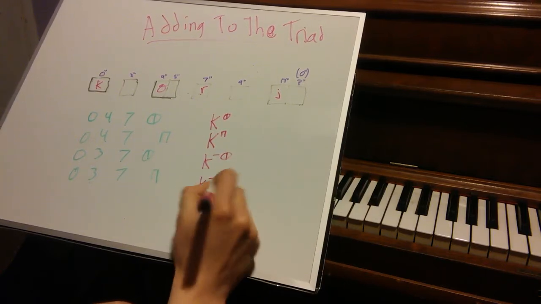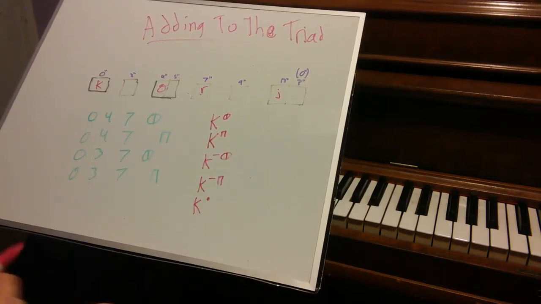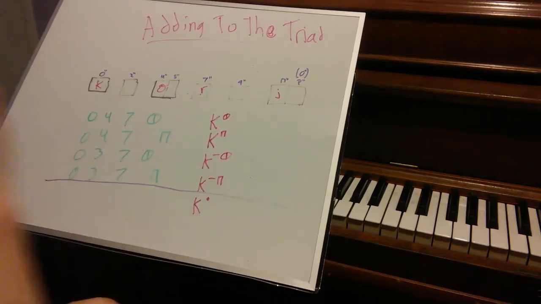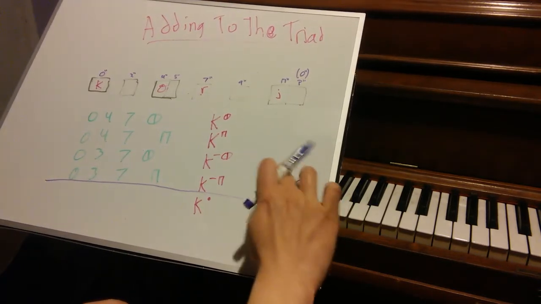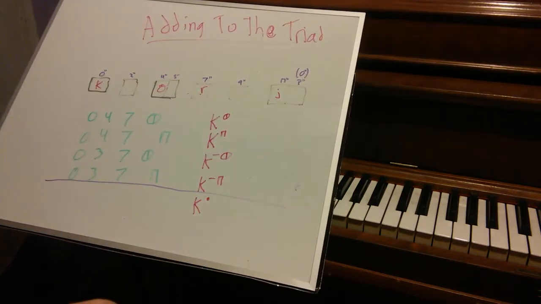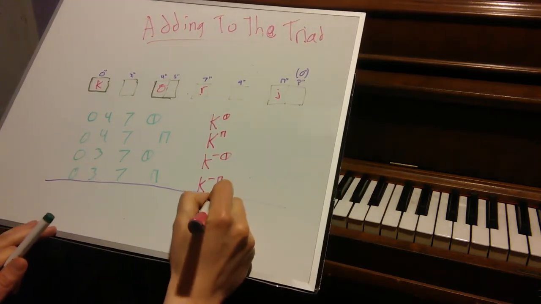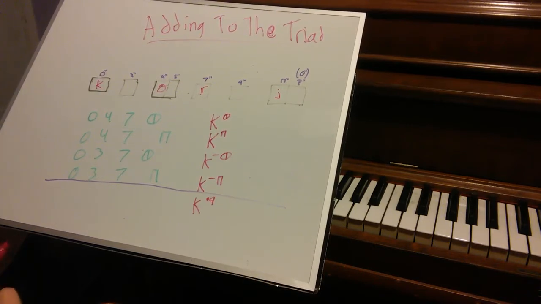And then, so kind of make a little bit of a break there, just because those are kind of related. I mean, there's no real need to put a break there. This next one's a little bit slightly different territory. Same sort of concept though. You got diminished 9.